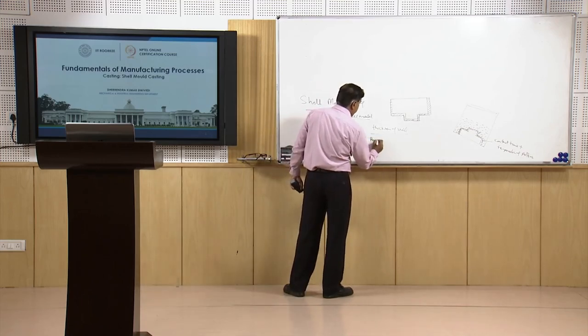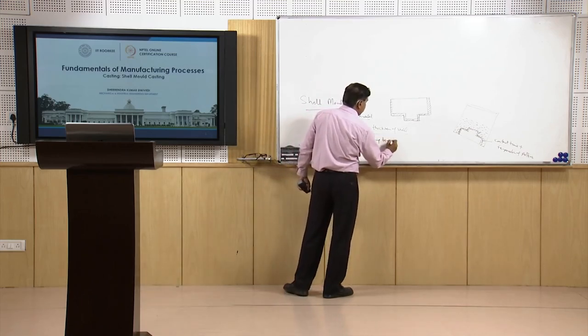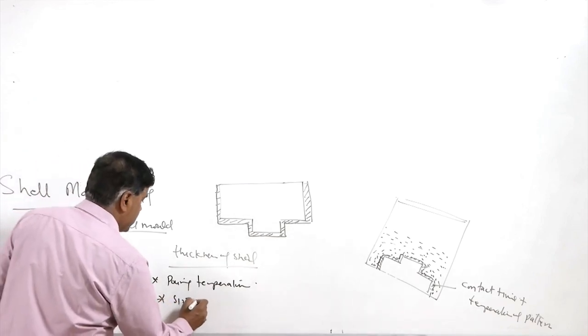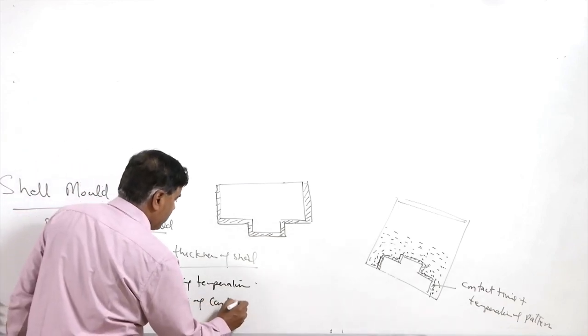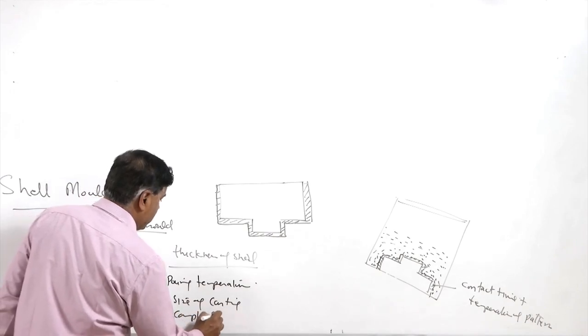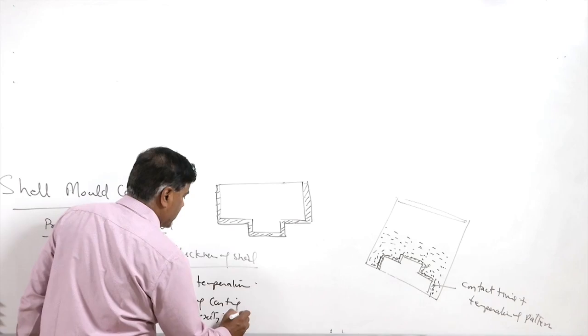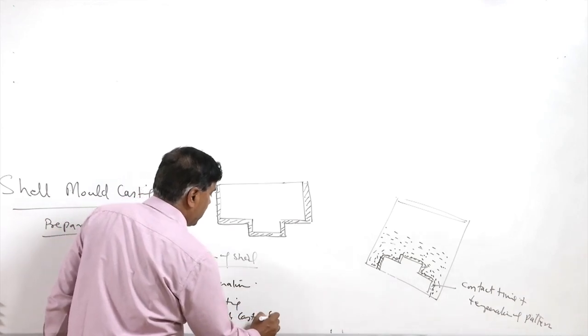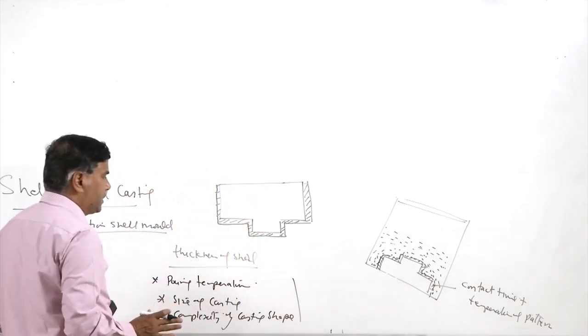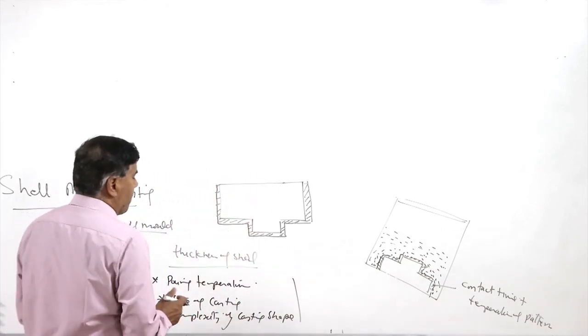One is pouring temperature of the molten metal and the size of casting and the complexity of casting shape. These are the factors that will be governing the shell thickness which we need to use.